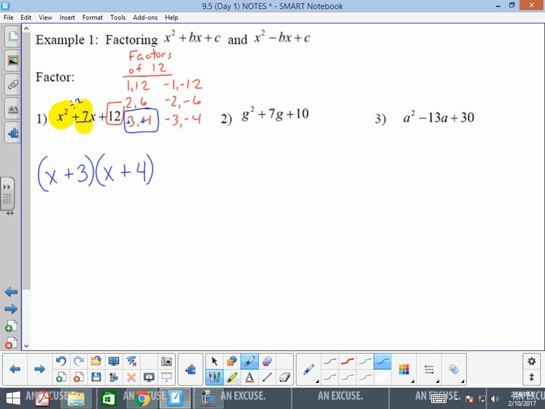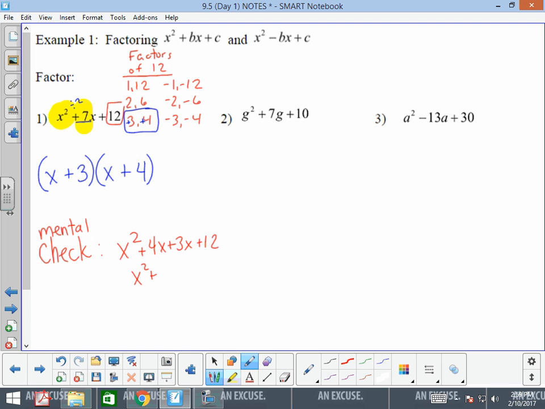Now, there is a handy way to check to see if you got the right answer. I would like for this to be a mental check, but if you feel like you need to check it on paper, that's fine. First times first, x times x is x squared. Outside is 4x. Inside is 3x. Write that down or not. And last is 4 times 3, which is 12.